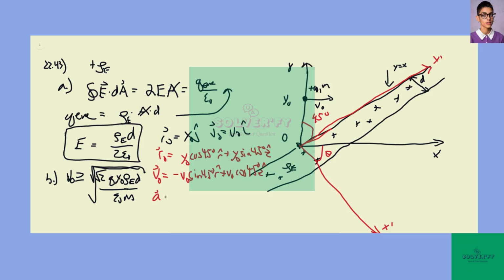And lastly, our acceleration vector, since in this basis it's very easy because we know it's all radial, and the force is given by qE, and then to convert to acceleration, we divide by mass, and this is radial, so in the r hat direction.